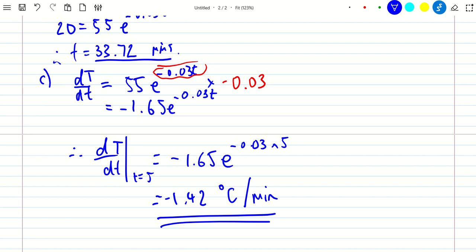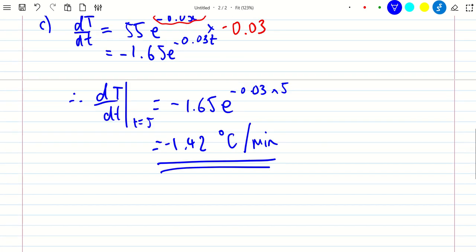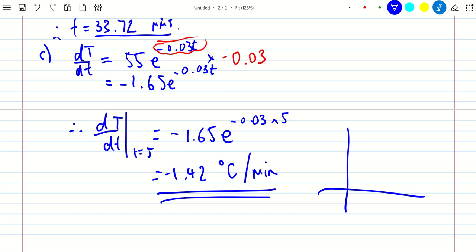What that means, and you really need to understand what that means, is that the temperature of the cup of coffee is dropping by 1.42 degrees every minute. Okay, so hopefully that sort of makes sense. It starts off at 55, and every minute it drops by 1.42.